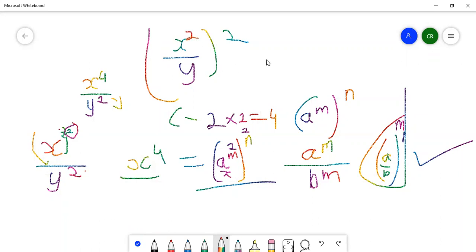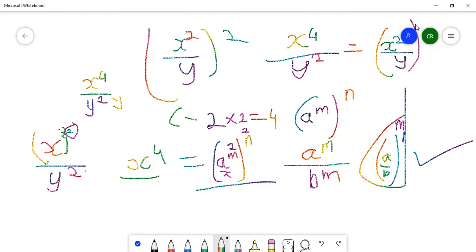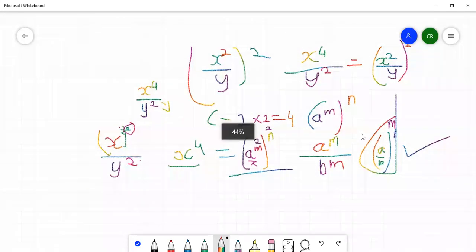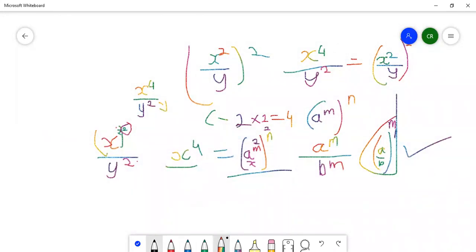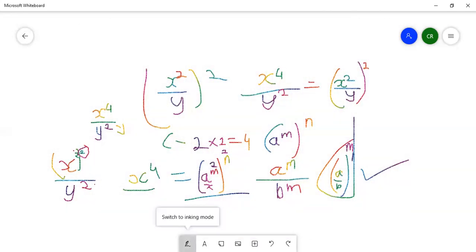Okay. So now the final answer will be x to the power 4 upon y to the power 2 is equal to x to the power 2 upon y whole raised to power 2. You can see here, right?